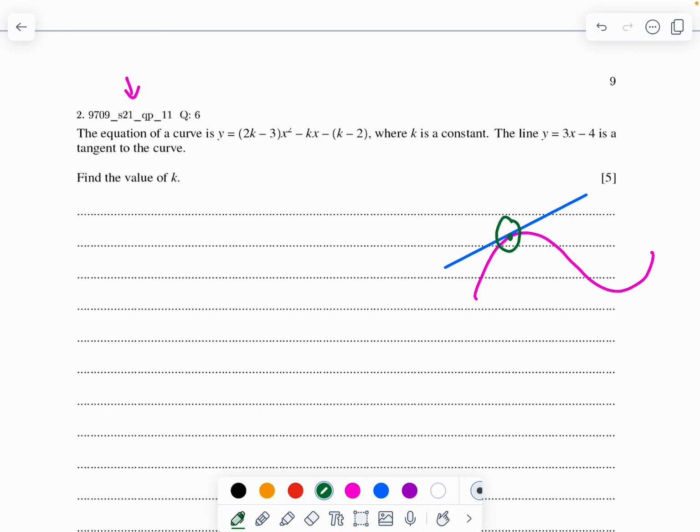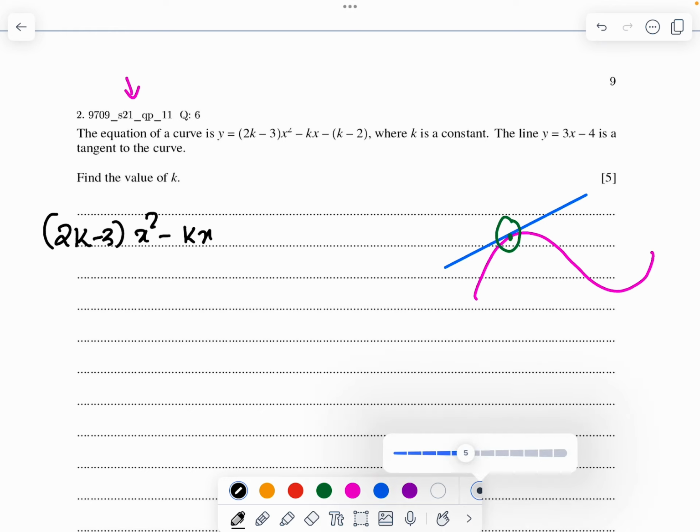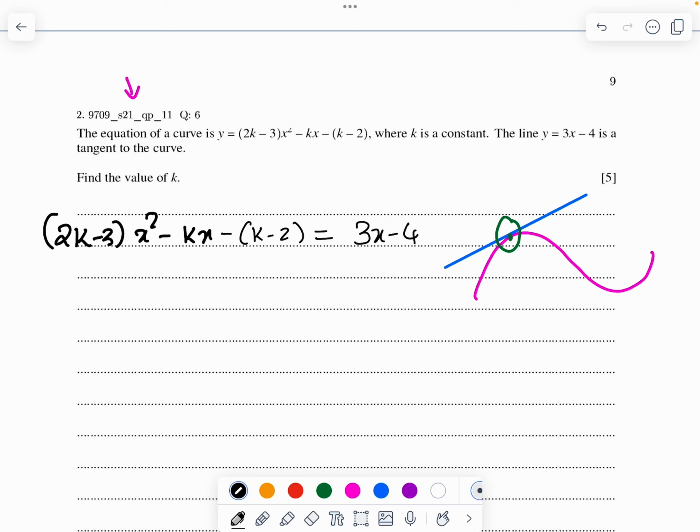So what am I going to do? I'm going to equate 2k minus 3 times x square minus kx, then minus k minus 2, should equal 3x minus 4, because the curve and the tangent will meet at one particular point. So I am finding the point of intersection, equating both.